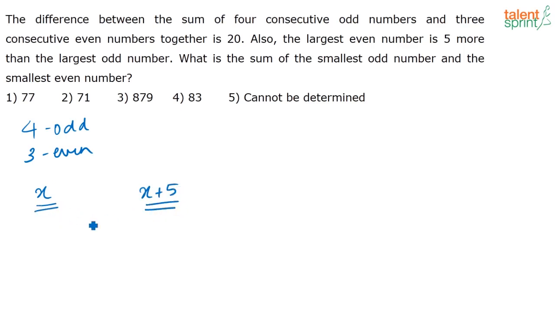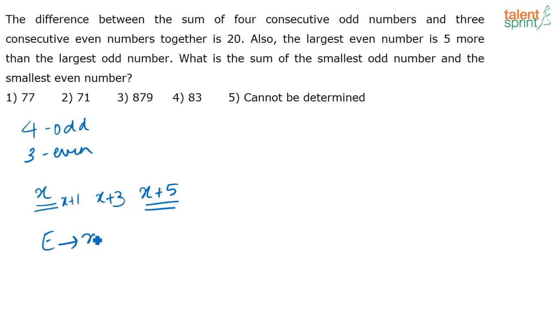So you can try to solve it using one variable. What will be the even number just before this? It is going to be x plus 3. Then the even number before that will be x plus 1. So if I fix the largest odd number as x, then the largest even number in that group is x plus 5, and the even numbers are x plus 1, x plus 3.